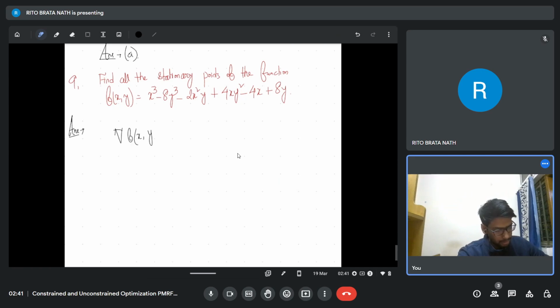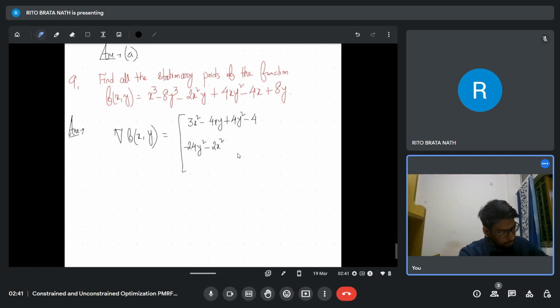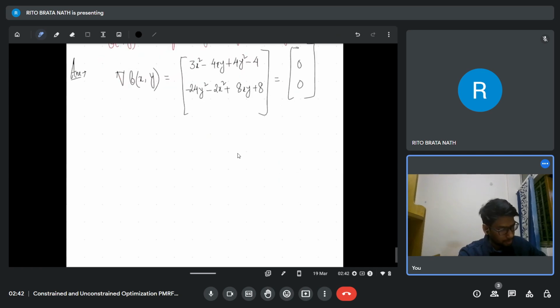First you take the partial derivative with respect to x, so that's 3x square minus 4xy plus 4y square minus 4, and then the other one, which is minus 24y square minus 2x square plus 8xy plus 8, and you have to set this to (0, 0) for stationary points.